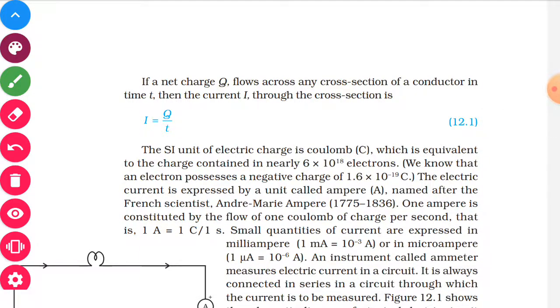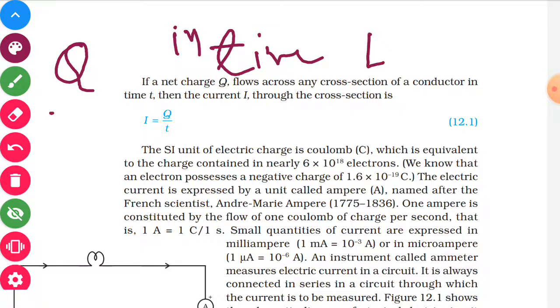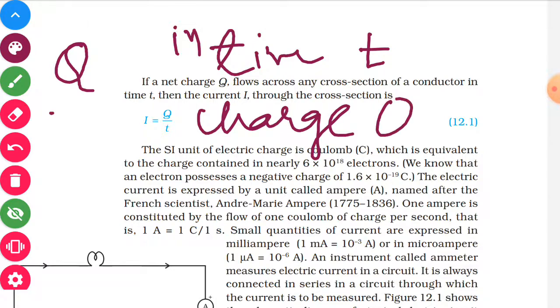If the net amount of charge flowing is Q, in a time interval of T, we can say that in time T, charge Q is flowing through any cross section of the conductor.